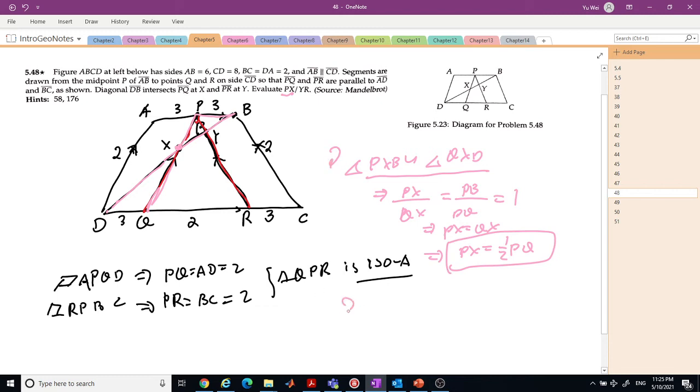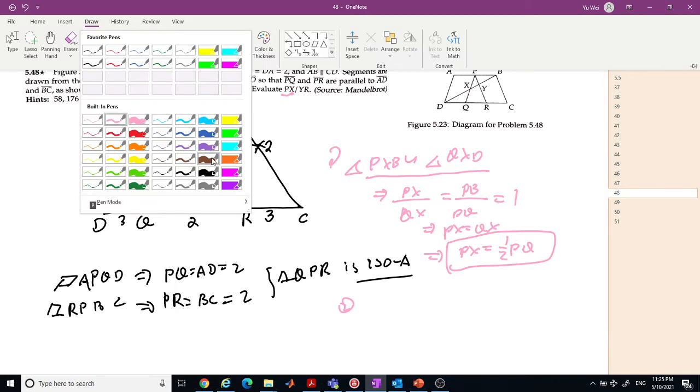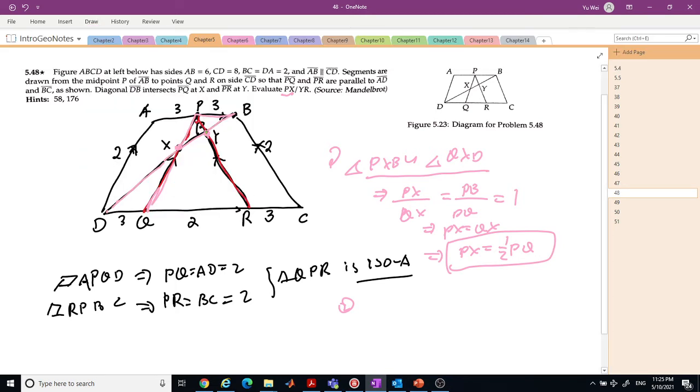Okay, the second one similarly. Let me use another color. See about Y, right? And we need YR. The YR is here. So we have another similar triangle.